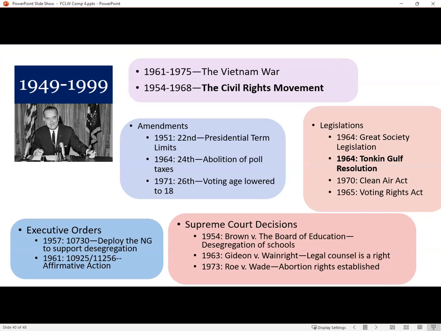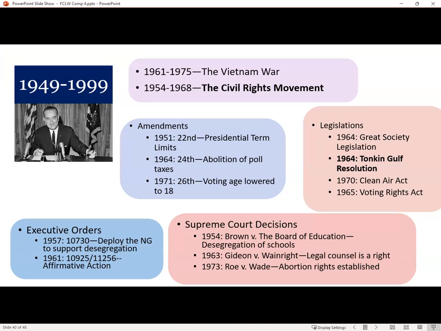And poll taxes, so that there's an actual amendment, Amendment 24, because what would happen is states in the South particularly would say if a person wanted to vote, they had to be able to answer these particular questions. And in many cases, it was only Black people that had to answer these specific questions, and they were made so they couldn't answer them, and so they couldn't vote.